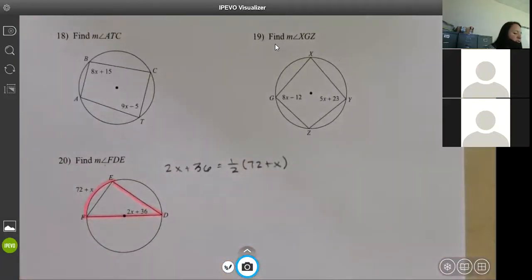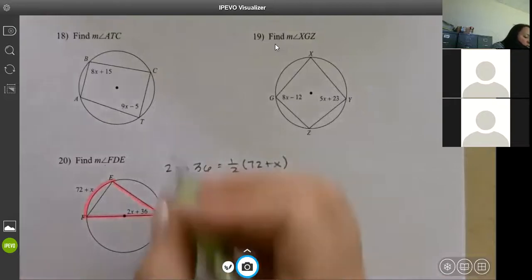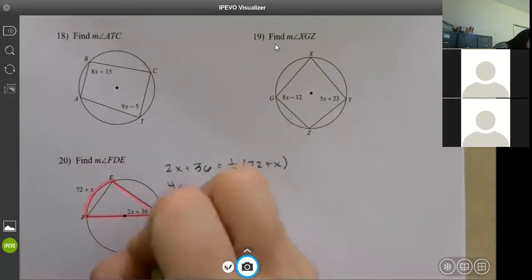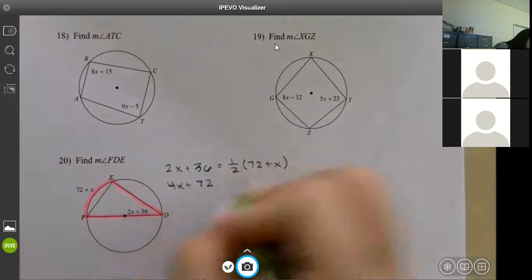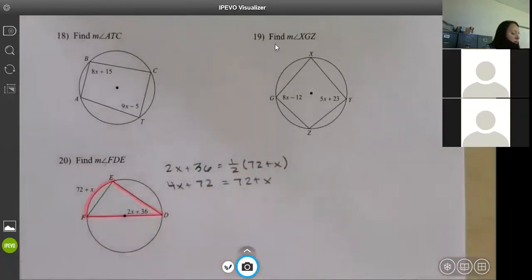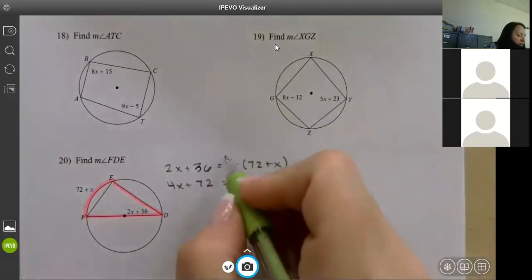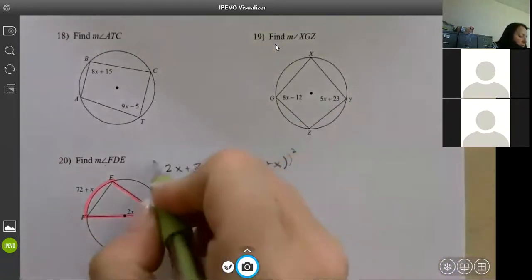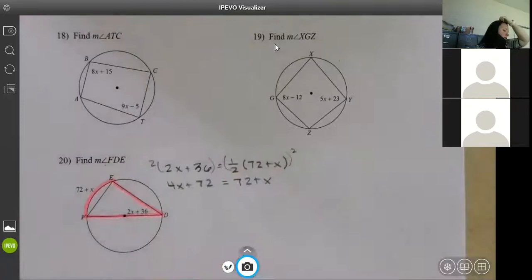I don't like that fraction, so I'm going to multiply everything on the other side by 2. So I get 4x plus 72 equals 72 plus x.